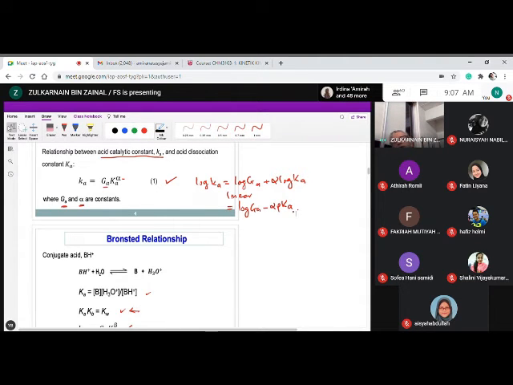Because log Ka is negative pKa, or pKa is negative log Ka, right?